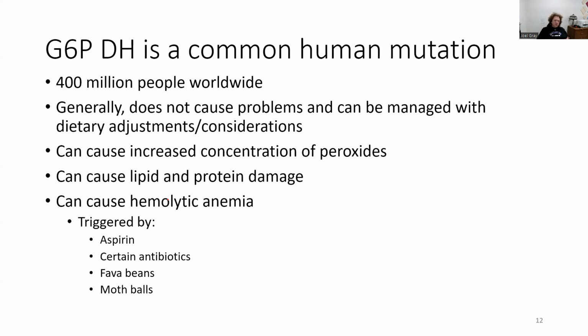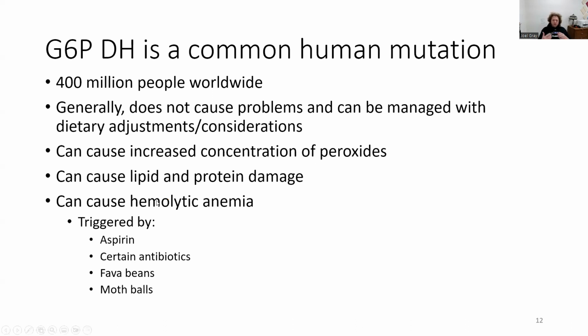Other things that can trigger this: fava beans as a part of your diet, and yep, you guessed it, mothballs. Mothballs are fairly easily avoidable, I would imagine, and fava beans as well. But antibiotics, that's definitely something that you would probably have had a response to and would be well aware of.